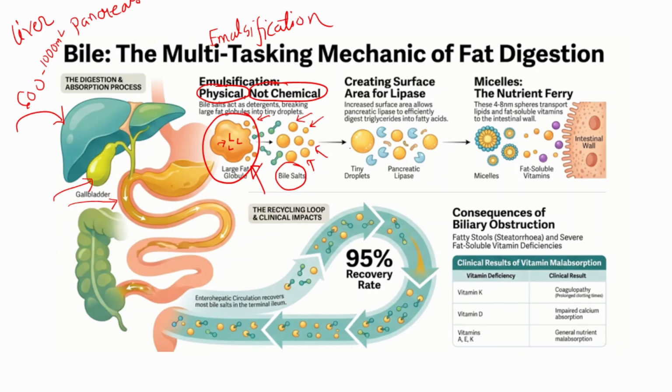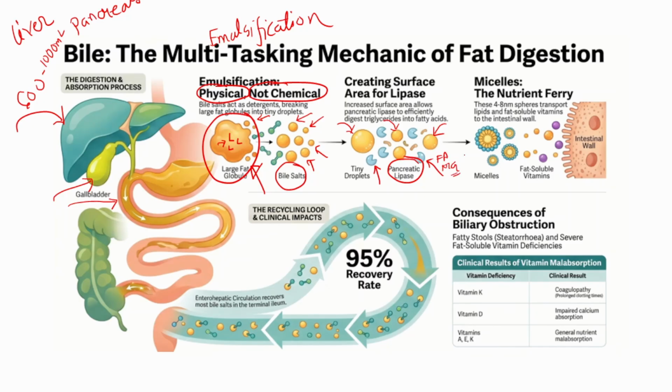This increased massive surface area allows pancreatic lipase to efficiently digest triglycerides into free fatty acids and monoglycerides. These blue Pac-Man-like structures are pancreatic lipase, and this tiny droplet is further broken down into smaller pieces, i.e. free fatty acids and monoglycerides.